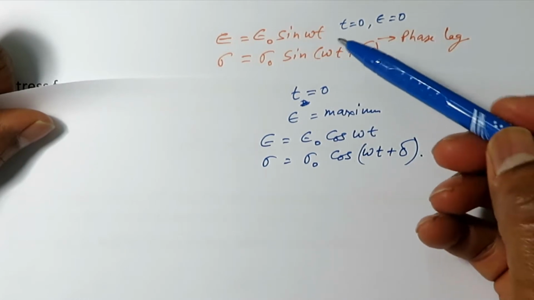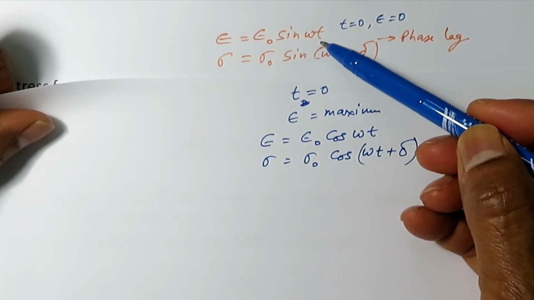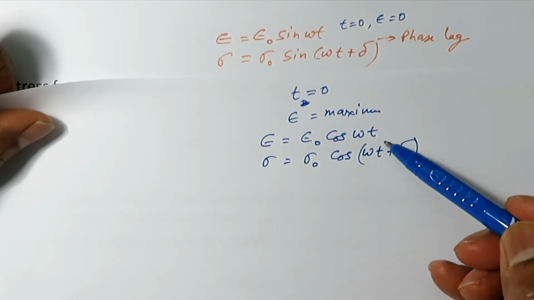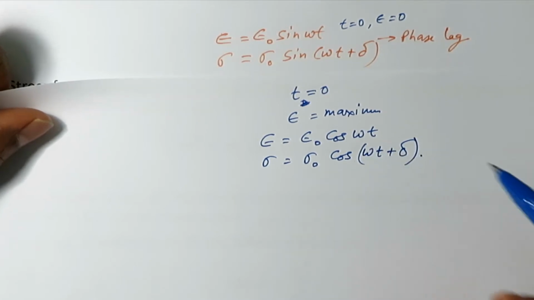So either it can be written in this format with sine omega t, or we can write it in terms of cos omega t.